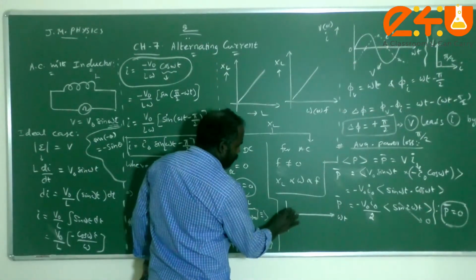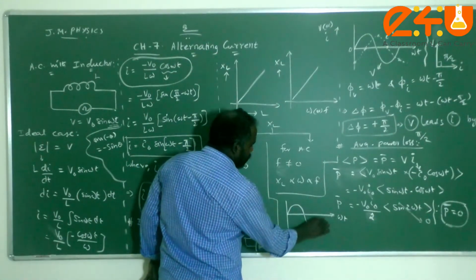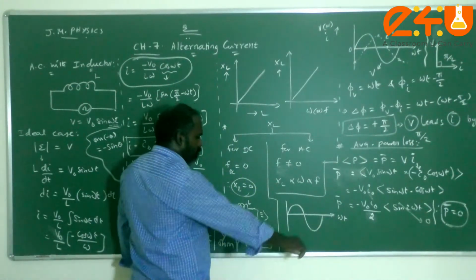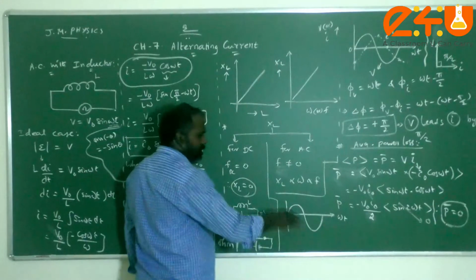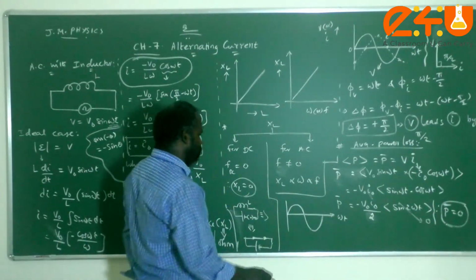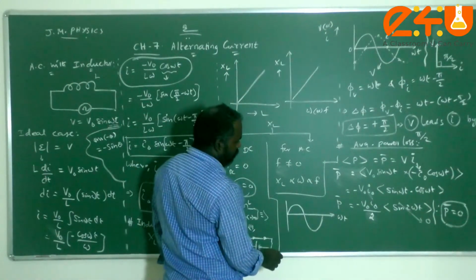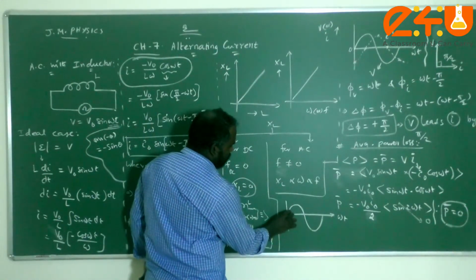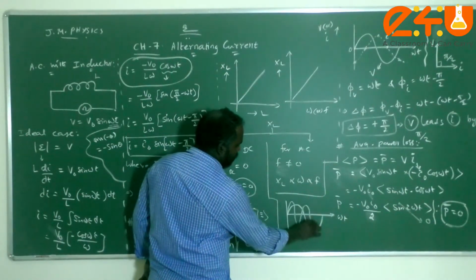When the voltage completes one cycle, the power makes 2 times that, producing 2 complete waves. So in that case, the power will be like this.